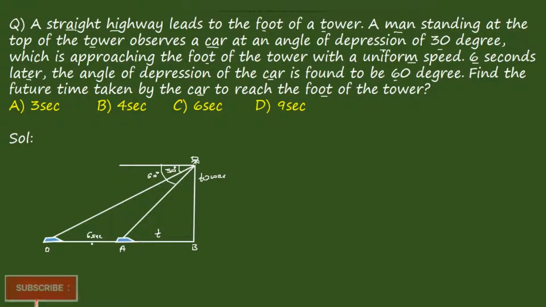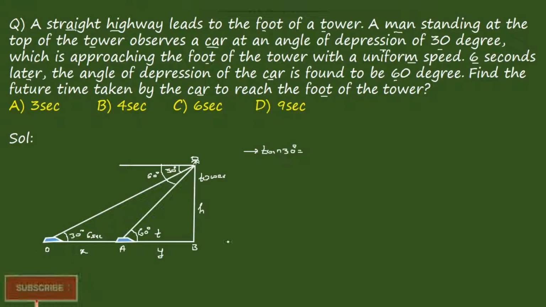Consider this one as x and this one as y, and the height of the tower is H. Now we know that it is forming a trigonometry. It is 30 degrees, so this one also becomes 30 degrees. This particular angle is 60 degrees, so this angle is 60 degrees. Consider the 30 degrees first. Then tan 30 degrees is equal to perpendicular by base.